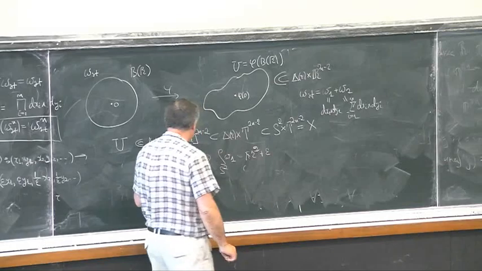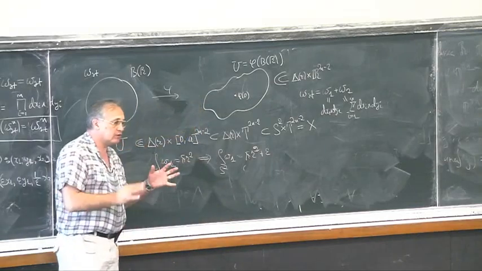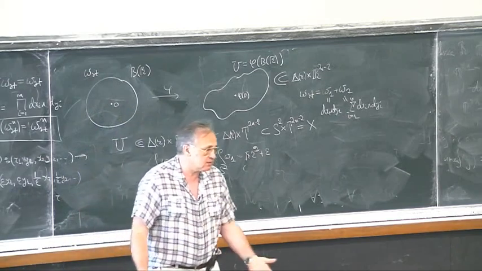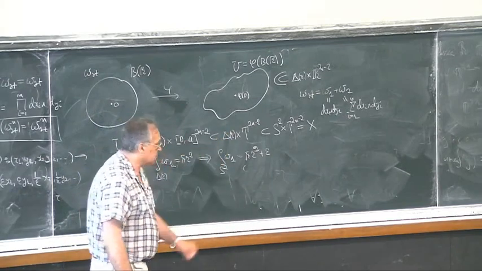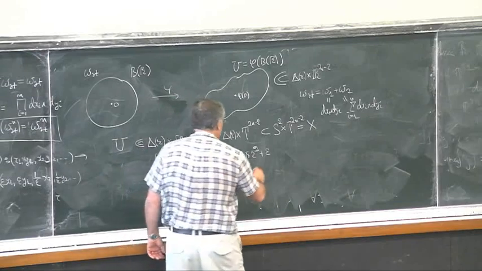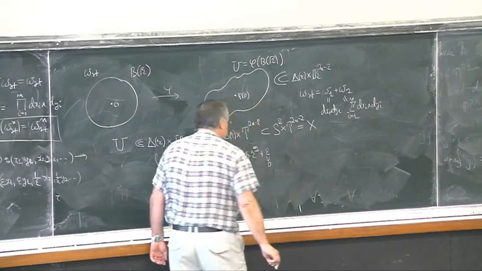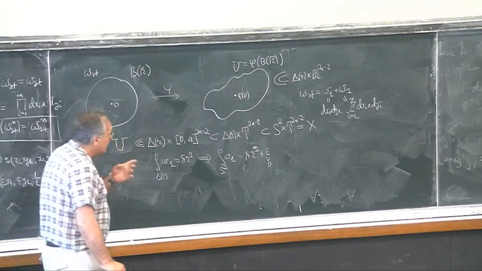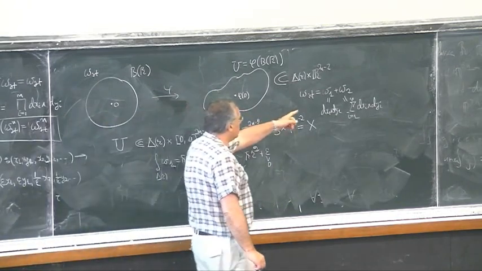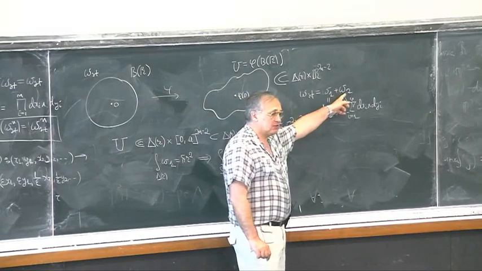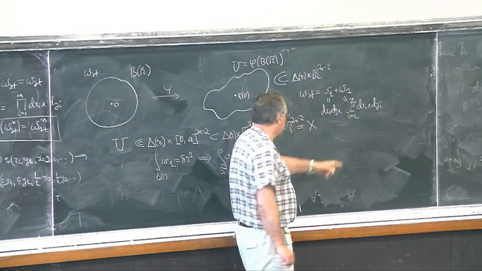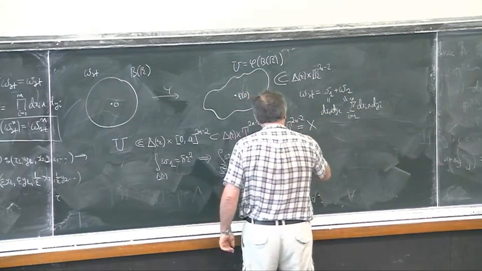So we can extend the area form from the disk onto the sphere, adding as little as we want, but positive. So epsilon is positive, but it can be made arbitrarily small. With the second form, you don't need to do anything because it is translation invariant. So already this form exists on the torus.